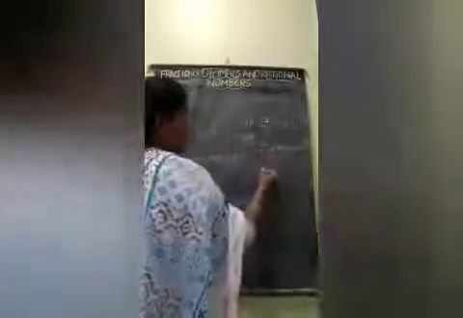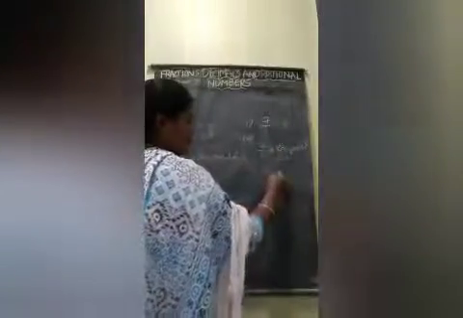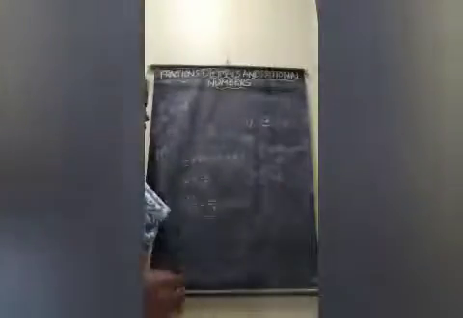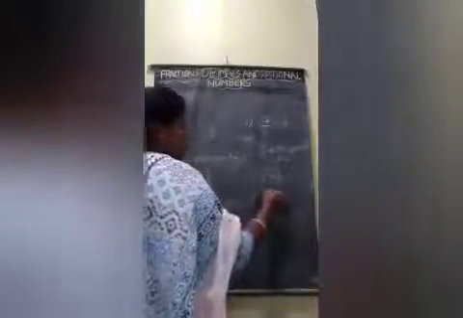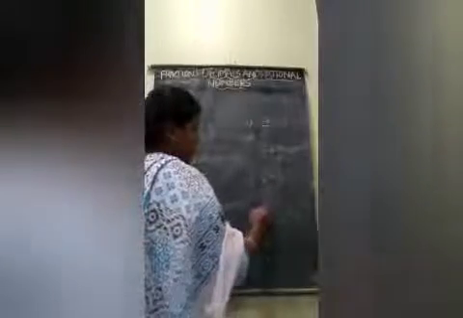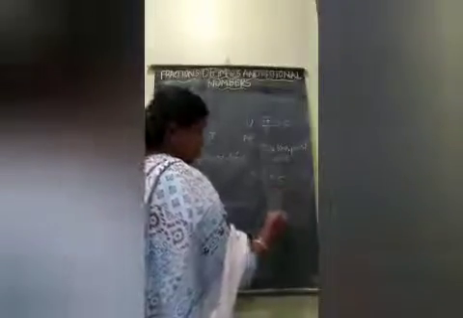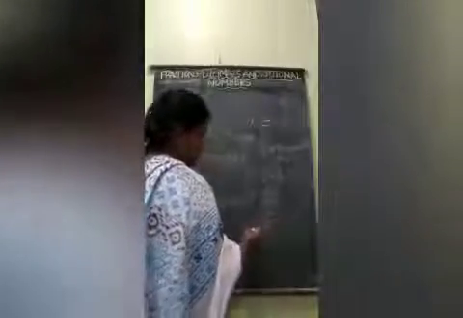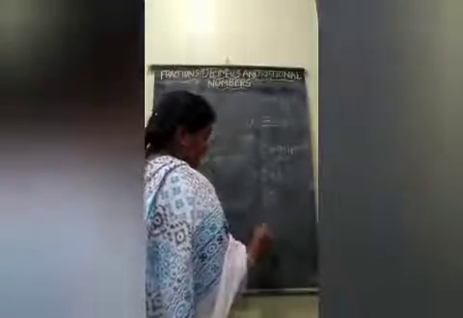That is equal to 7 by 8 into 1 by 5. The product of two fractions is equal to the product of numerators by the product of denominators. Therefore, 7 ones are 7, 8 fives are 40. That is equal to, you get the fraction 7 by 40.